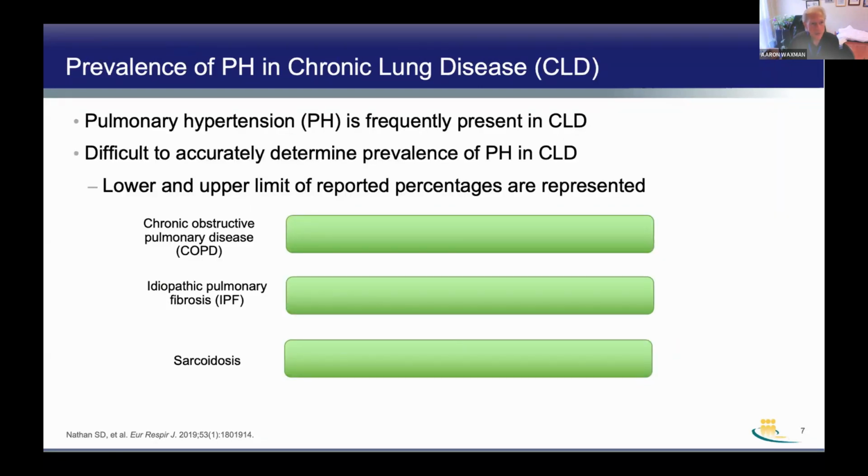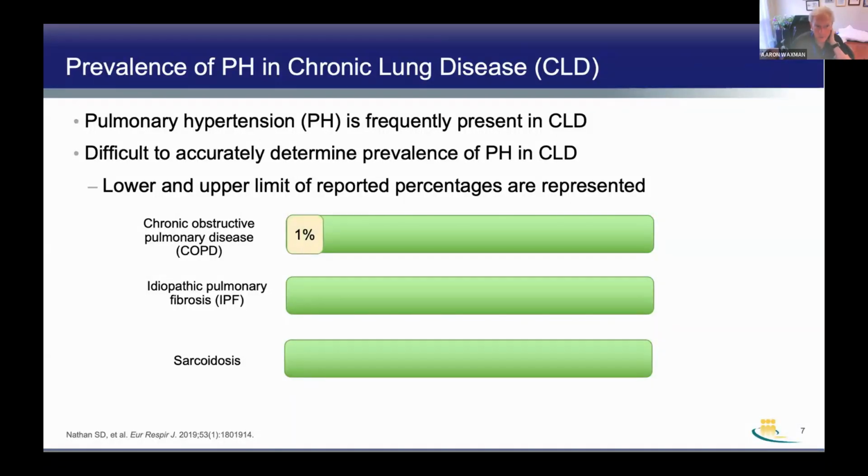If we think about prevalence, I think here it's all over the spectrum. We can certainly think of pulmonary hypertension very frequently seen in chronic lung disease, although I think because it's all over the place in the literature, it's very hard to determine an accurate prevalence in this setting. But when we look at the individual disease states, there are certainly lower and upper reported percentages.